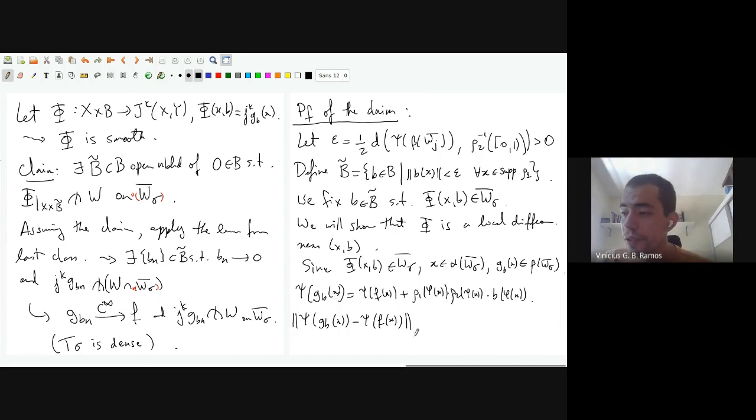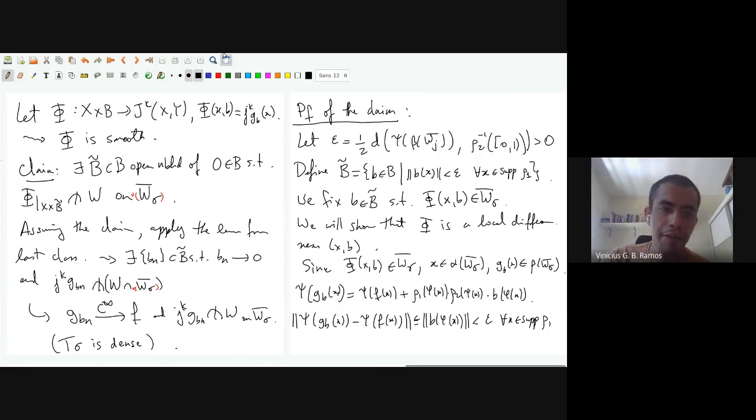So this is less than or equal to the norm of b of phi of x, and this is less than epsilon for every x in the support of rho 1.